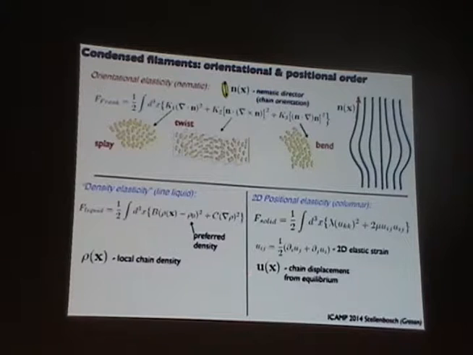Again, we'll come back to this tomorrow and probably the last day. So for today, the basic question is how does this elasticity, the Frank elasticity that you've probably heard about 6, 7, 8 times already, how does this talk to the density elasticity? Okay, these are fundamentally and inextricably coupled in polymer nematic.